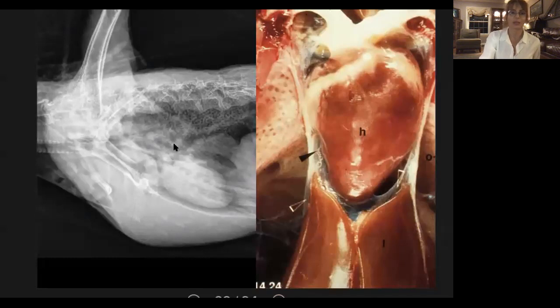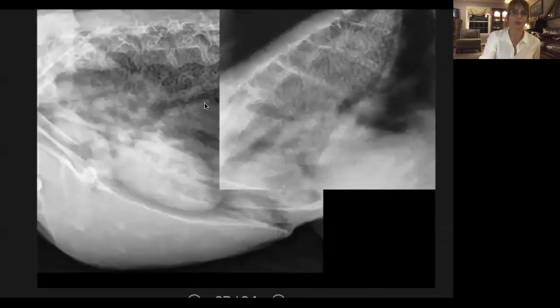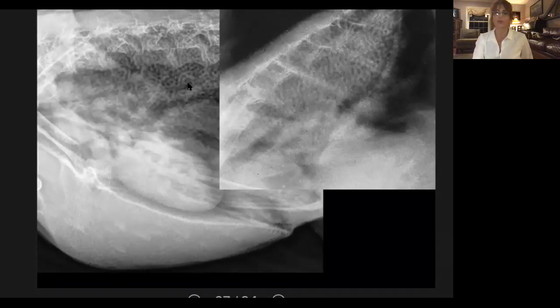So when we're looking at all these little honeycombs on this lateral view, what you're looking at is the lung parenchyma itself. So this is normal, where if we look at all of the little honeycombs, they're all approximately the same diameter, and the amount of surface soft tissue around them is all pretty consistent.